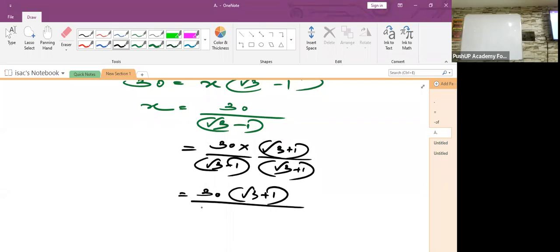Root 3 square, and what is root 3 into root 3? Everyone got it? What is the answer? Online students, are we done?